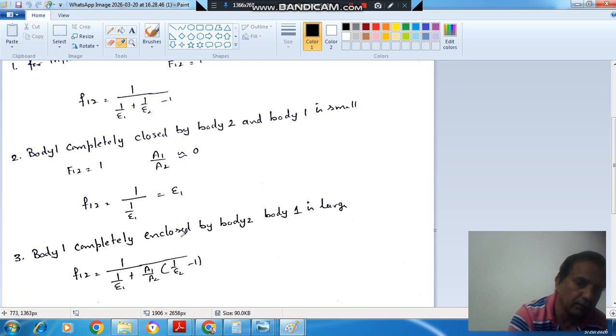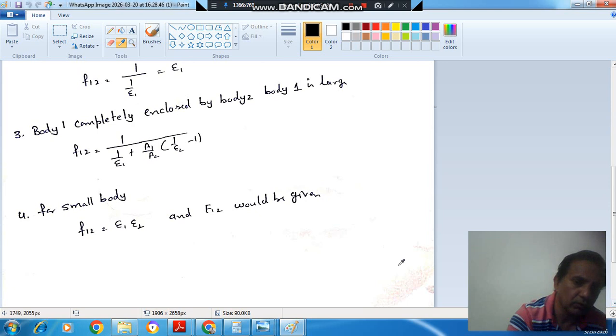When body 1 is completely enclosed by body 2 and body 1 is large, then this formula holds and F12 is 1. And for small bodies, small f12 is the multiplication of epsilon 1 and epsilon 2, and the F12 value would be given, or we can find it out by some other method. This is your shape factor, this is your interchange factor.